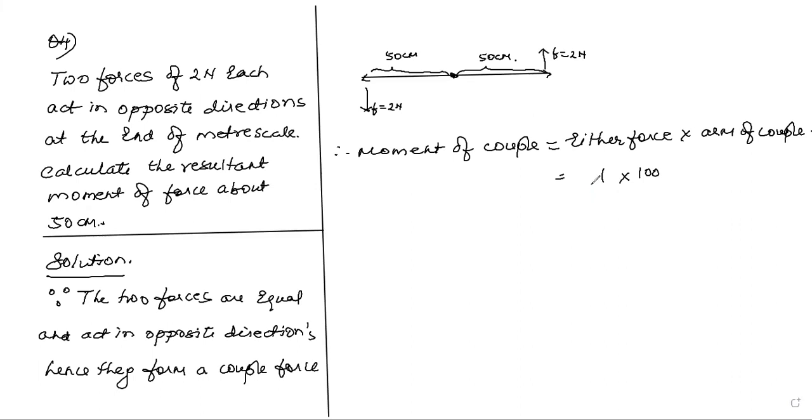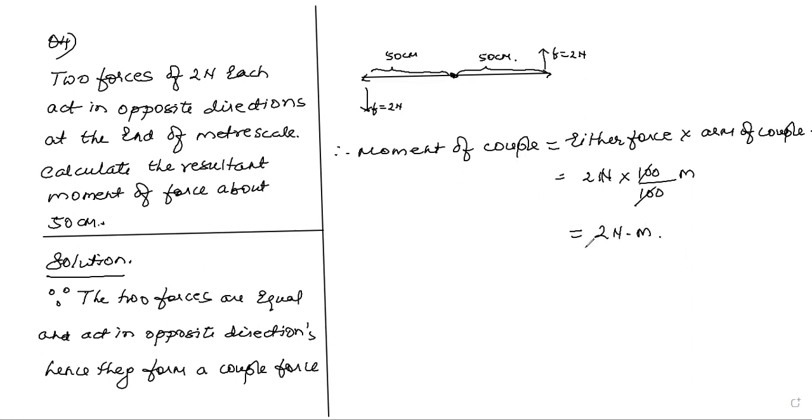So naturally, this is 2 Newton. 100 divided by 100 will become 1 meter. Are you getting me here? So what is the answer, children? 2 Newton meter.